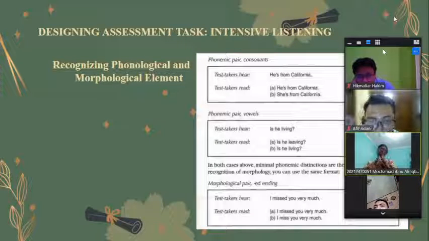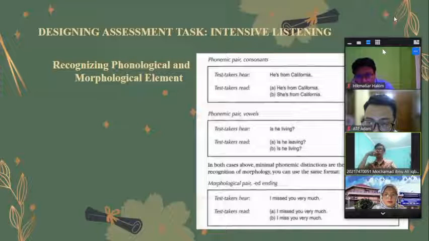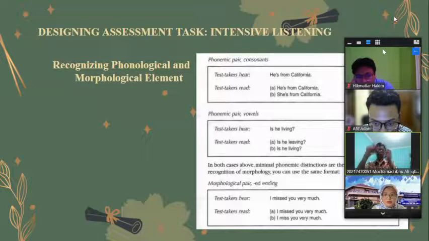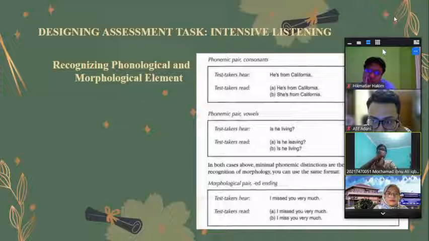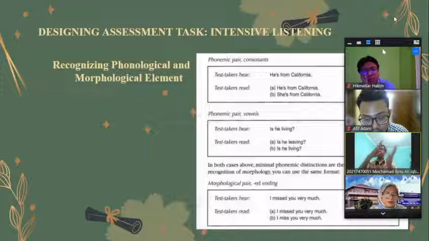You have to use consonants and phonemes. For example, he's from California, and then the test taker reads the answers A, B, C. For example, he's from California or she's from California. That's a phonemic pair of consonants. The second example is a phonemic pair of vowels. The test taker hears, is he living?